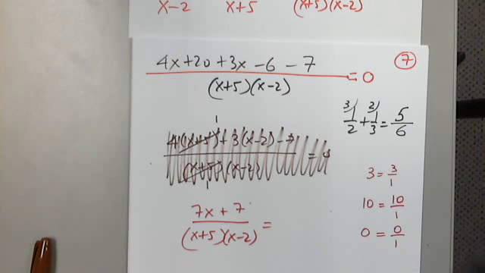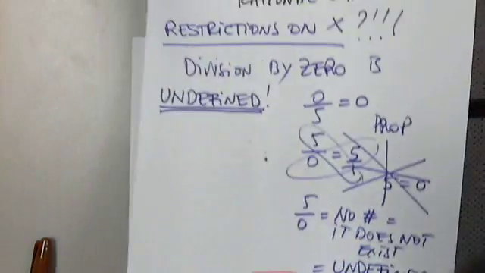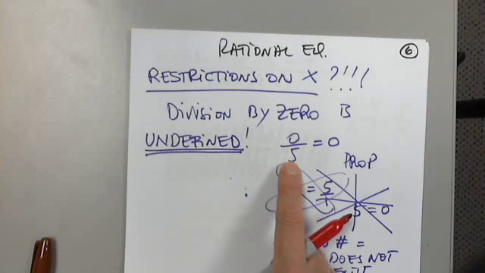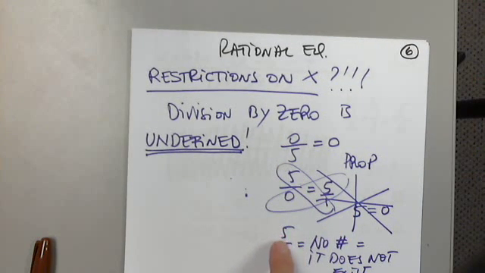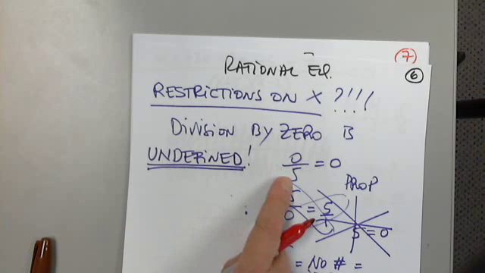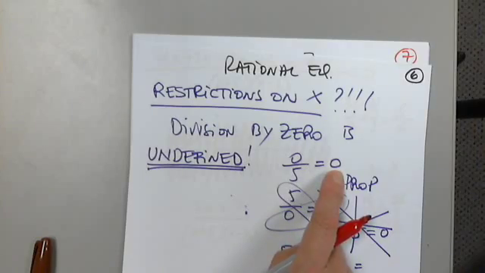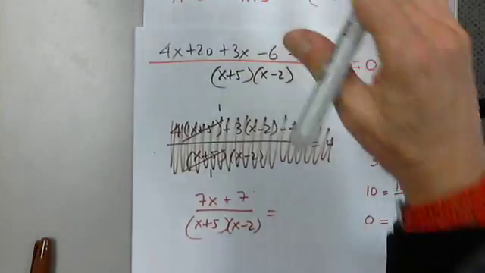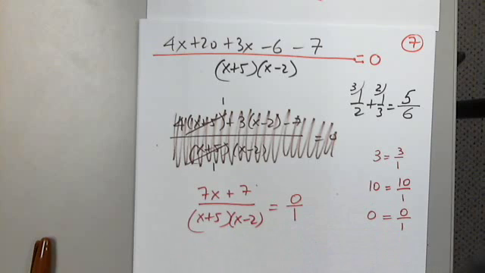Why? 0 over 1. Not 1 over 0. I said 0 over 1. It's still 0, right? Good. So I'm going to write 0 over 1. And you can say why. I'll explain in 1 second.